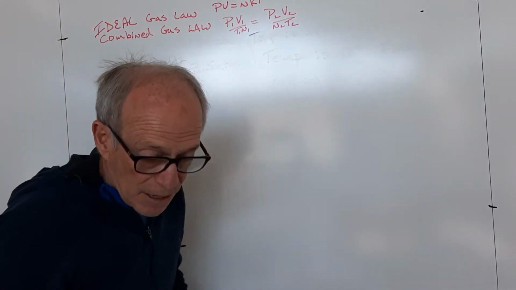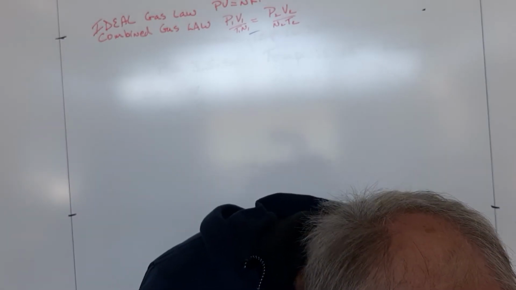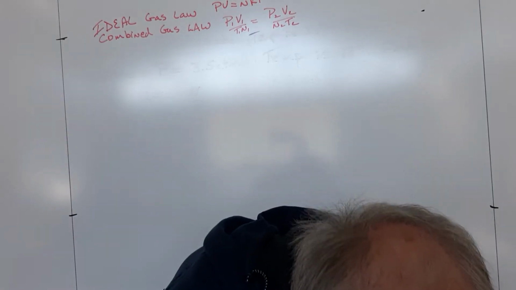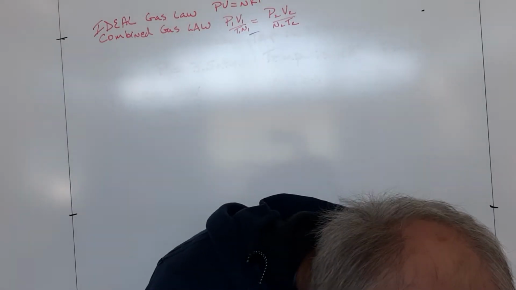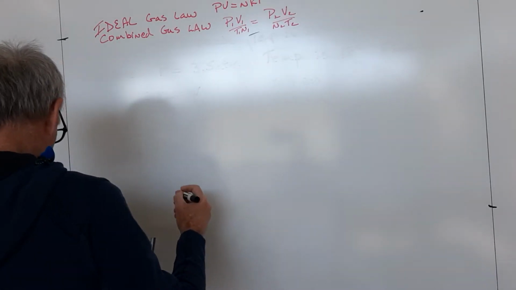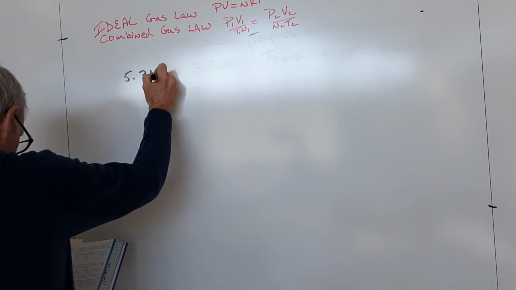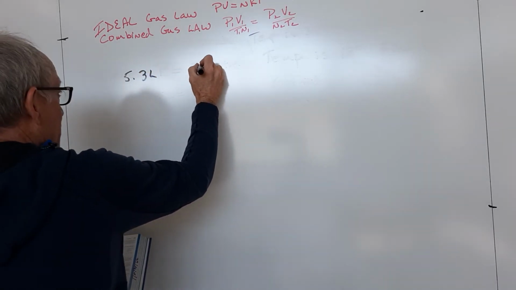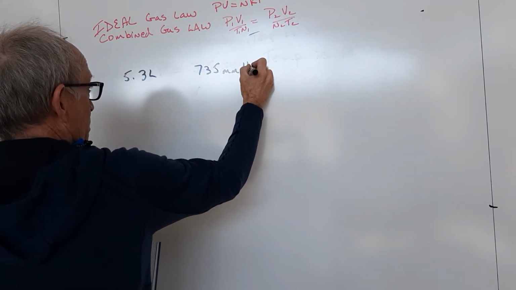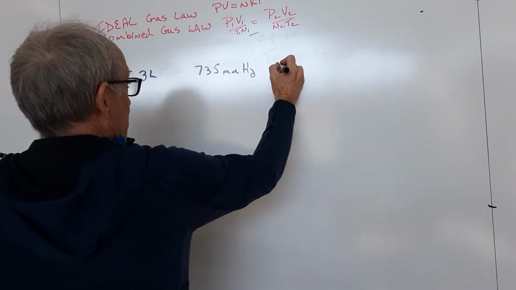Let's look at the second problem we have, which was number 55. A gas sample with a volume of 5.3 liters has a pressure of 735 millimeters of mercury, and it's at 28 degrees.